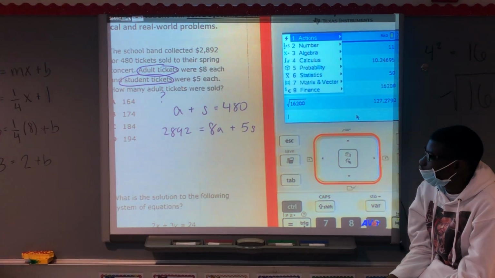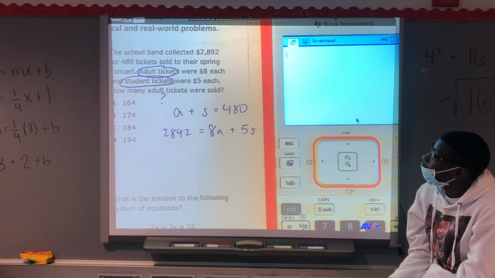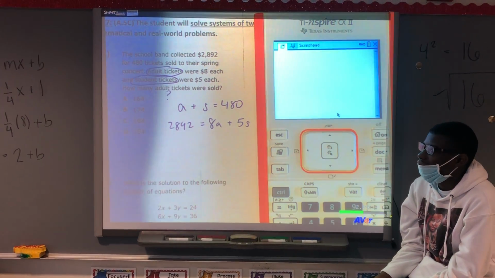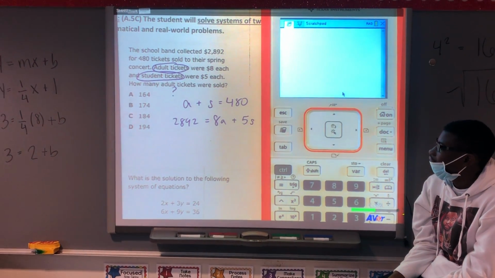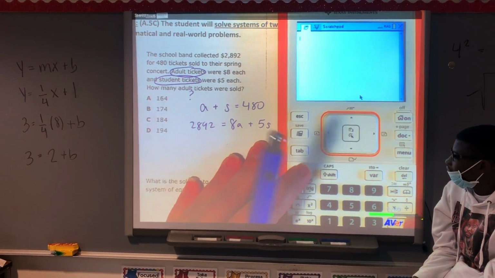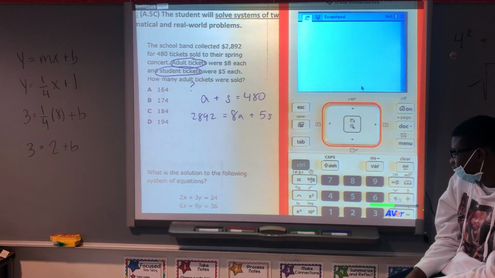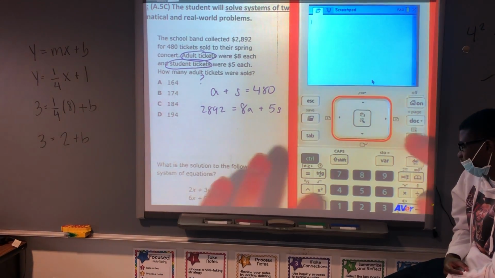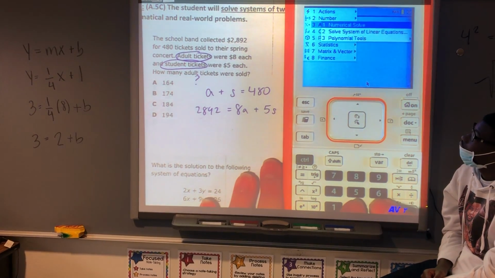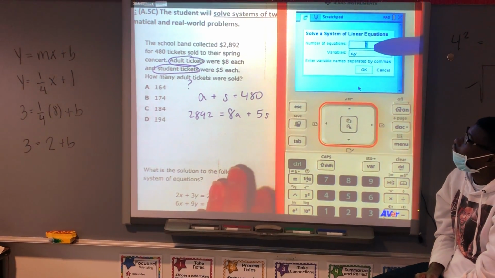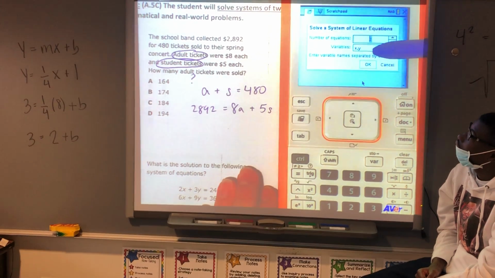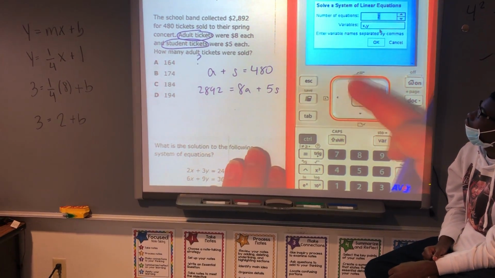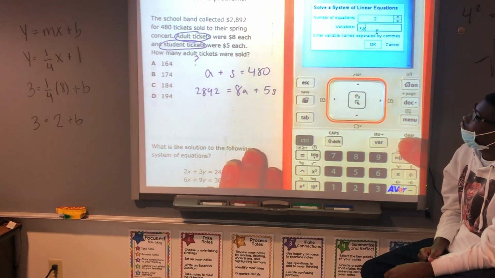Anybody remember, guys, in here, the function we use to solve these? Linsolve. Good. Menu 3-2 for 2 equations gives us 2 equations, 2 variables, which we can change those 2 variables to A and S if we wanted to.